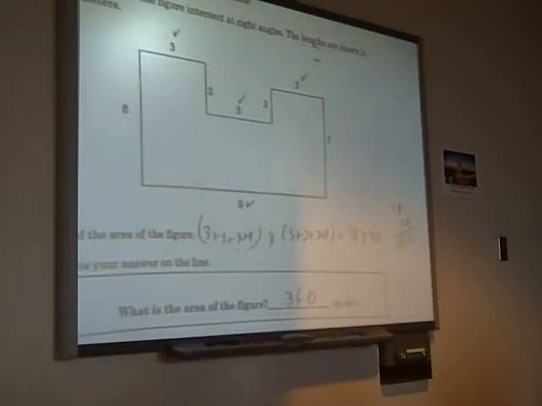So what do you think was going on in their brain? What were they thinking? They're multiplying the horizontal lines by the vertical sides. Okay, so they're taking the formula, length times width, and they're putting all of the numbers that are lengths, the verticals, and all of the horizontals together and going that approach.